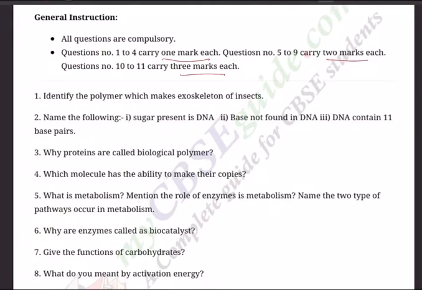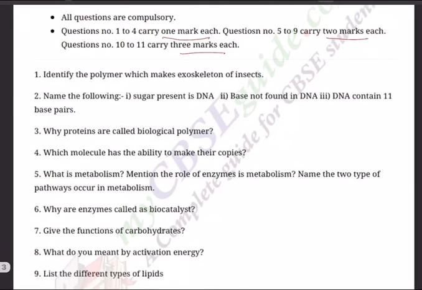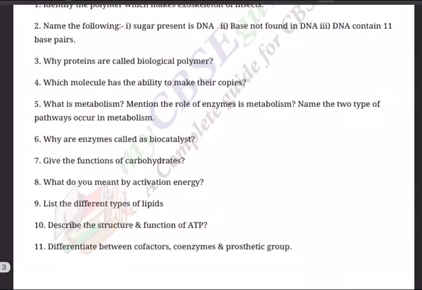Third, the base pairs contained in DNA, 2 base pairs. Then question 3, why are proteins called biological polymers. Question 4, which molecule has the ability to make its own copies.